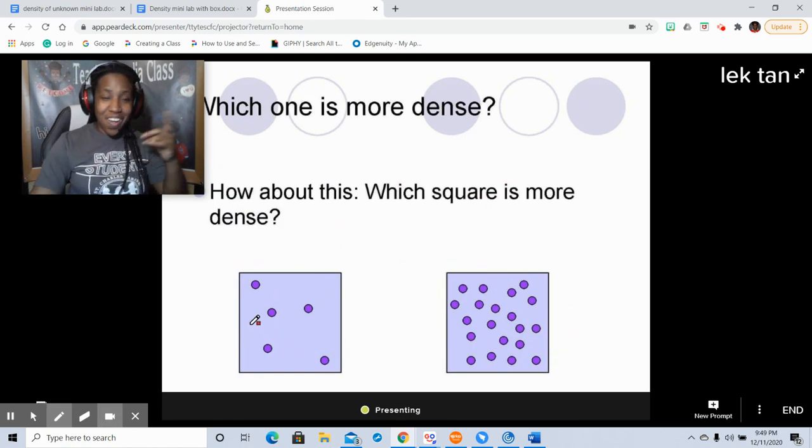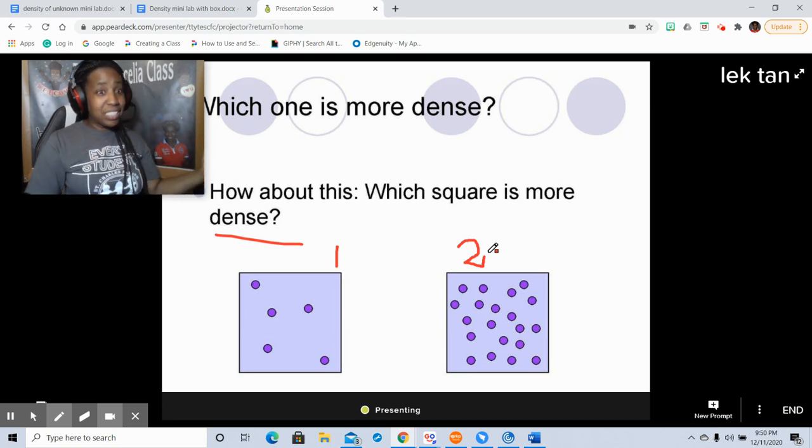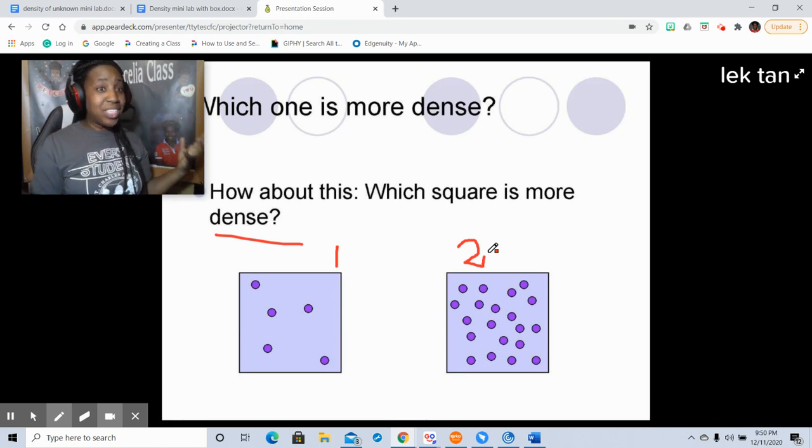So we're talking about these particles again. So which square do you think is more dense? Would it be square one or is it square two? Yes, it would be square two. Because if you think back to the video, we saw that the penny sunk to the bottom because it had more particles.